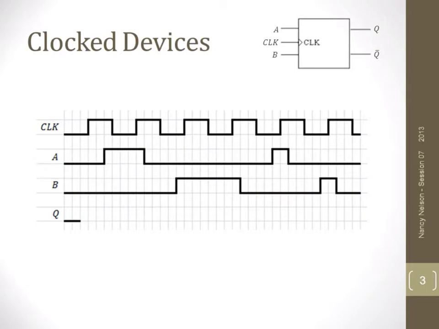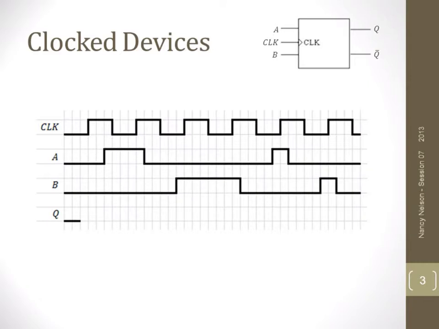Given our input A and B to this device, we're going to generate an output Q. The little triangle that you can see in the symbol here means that it's a clock device, and anytime you see that, you can start by drawing a regular clock pulse. Now when we have a clock device, it can either sample on the rising edge of the clock or on the falling edge.